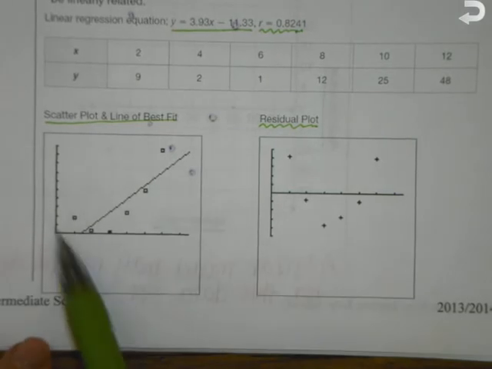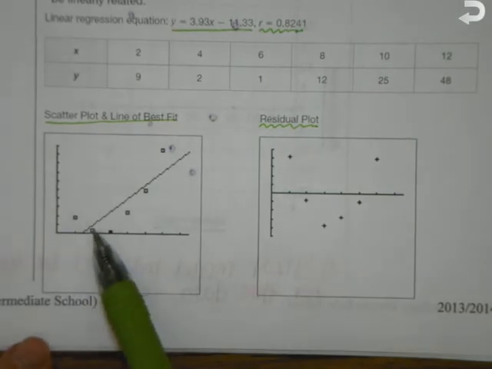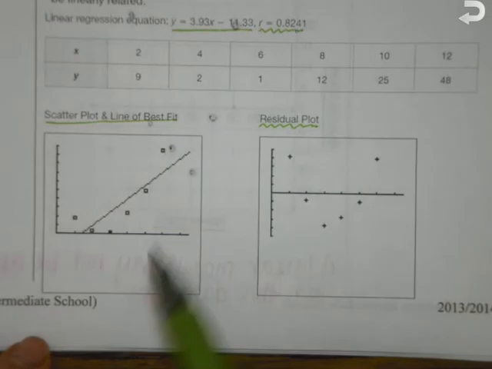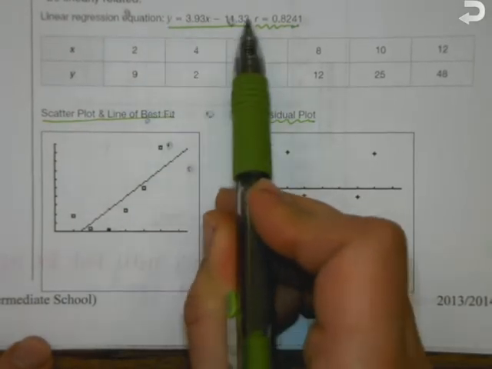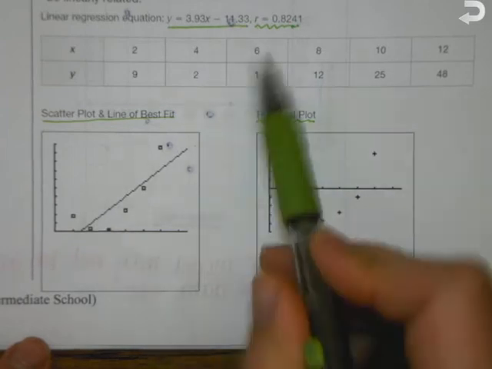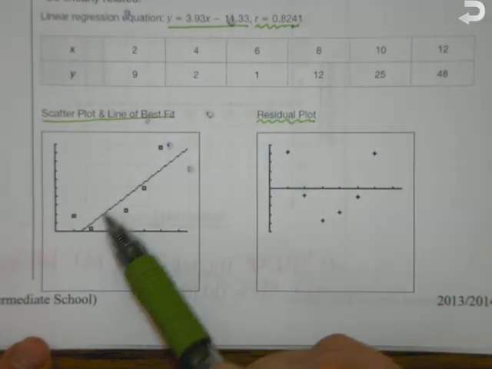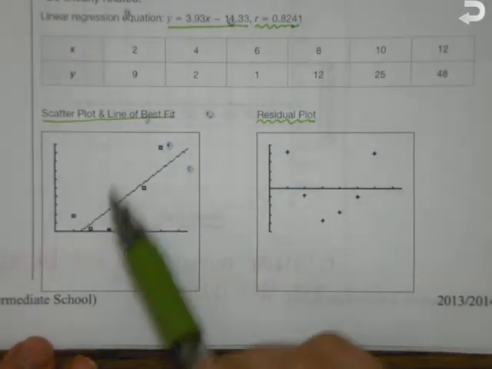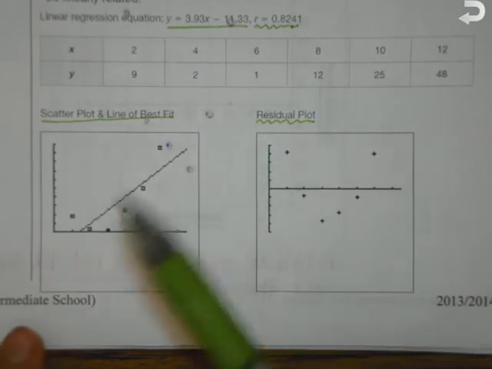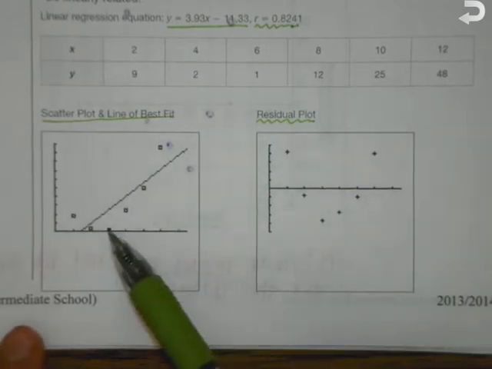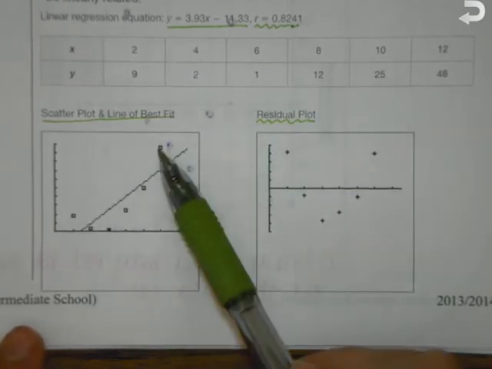And look at the scatter plot. Here's my data points from the chart, and then here's my line of best fit. That's this thing right here. Okay, remember the residual value, or I'm sorry, the regression equation. So does it look like my line of best fit is pretty close to my data points? Kind of, right? It's close to most of them except for this one, and that one, right?